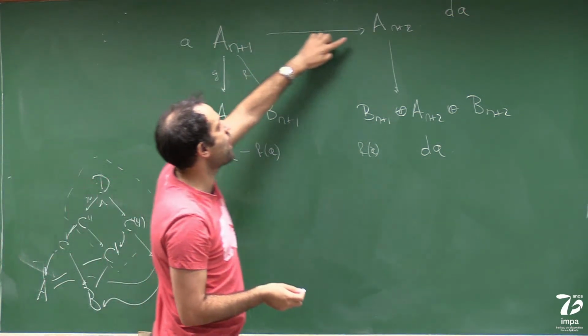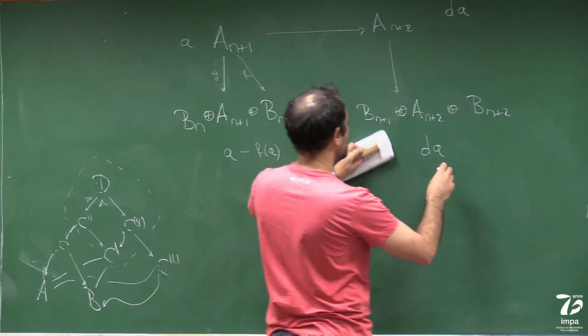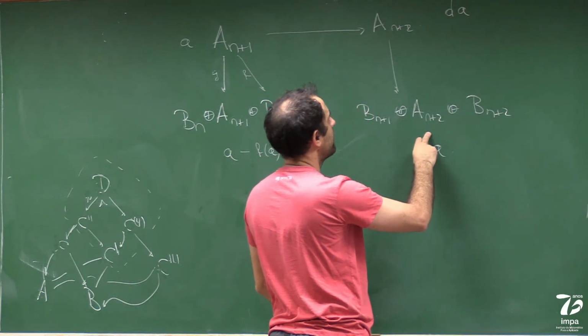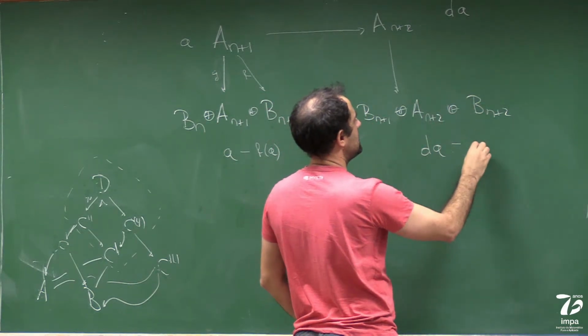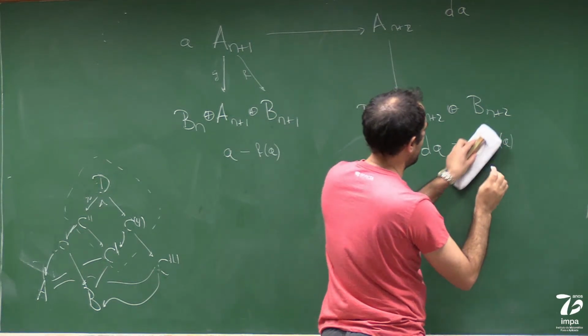So if I map this way, I just go to dA. And if I map this way, I would go to dA here minus dF of A. I'm sorry, or F of dA.